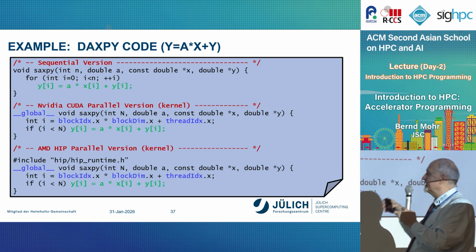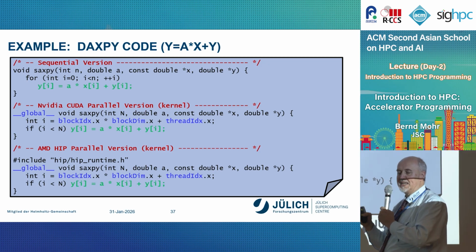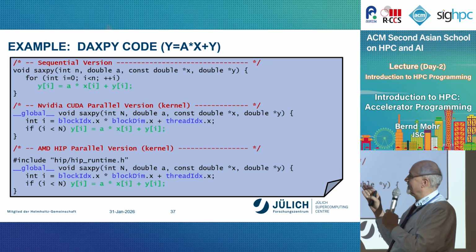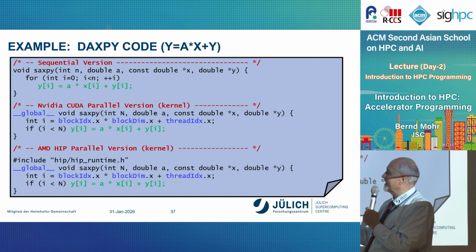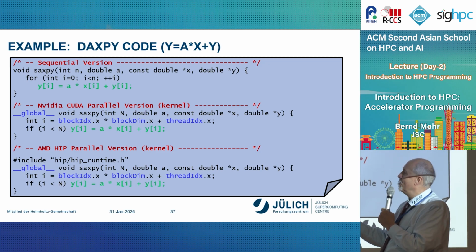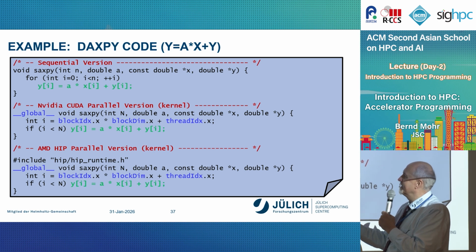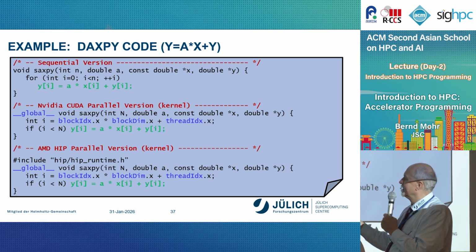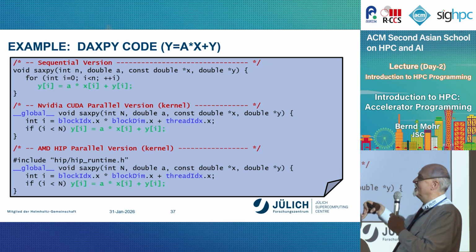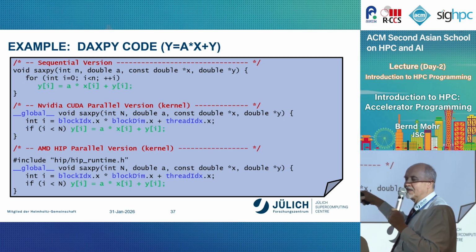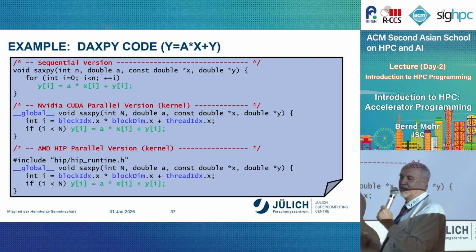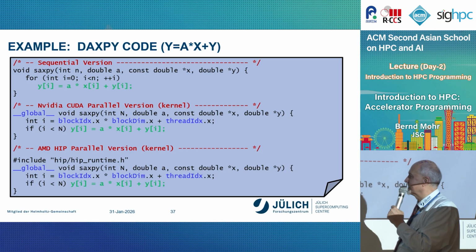Because in some cases the vector length is not matching the number of thread processors, you have to be careful that this is only executed if the index is smaller than the vector length. So if you have more thread processors, they don't try to access vector elements which don't exist.